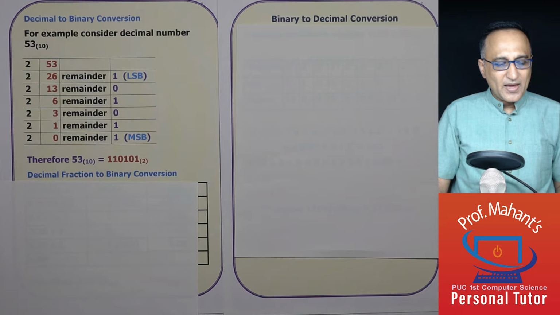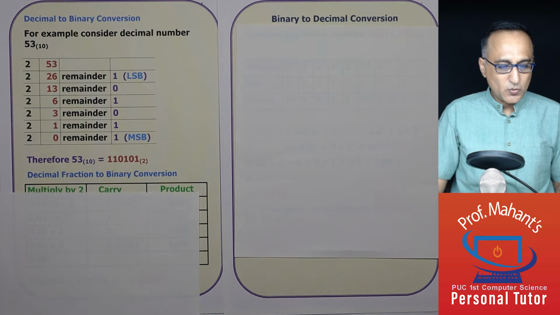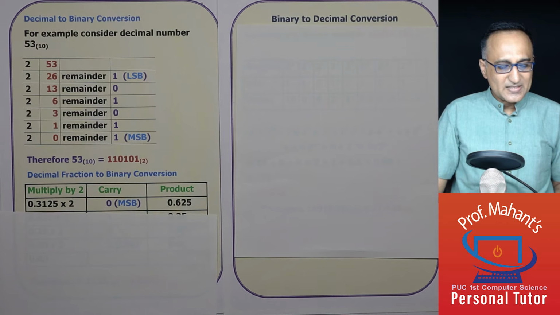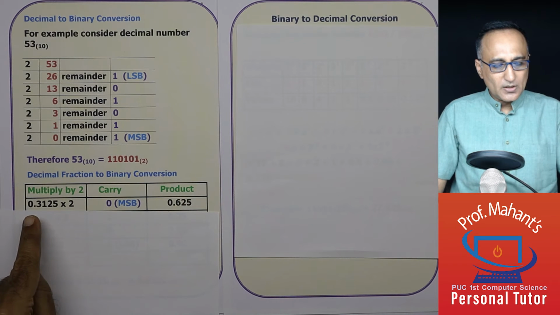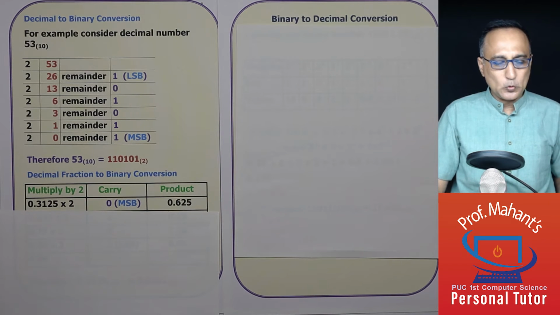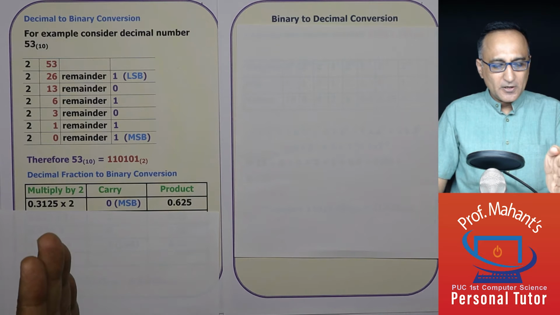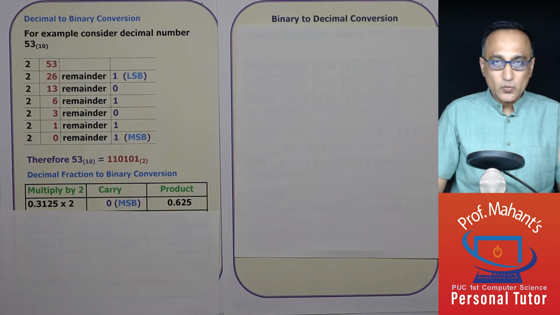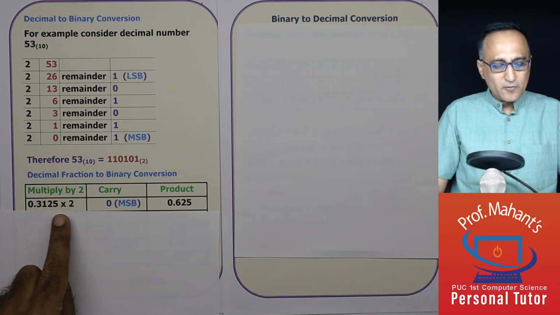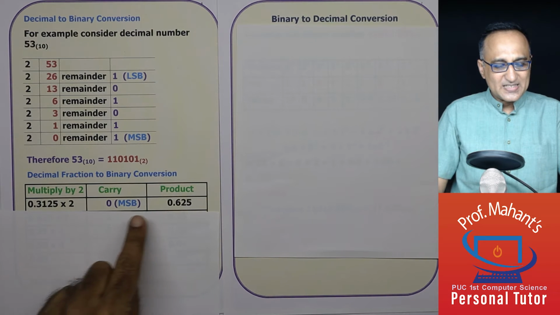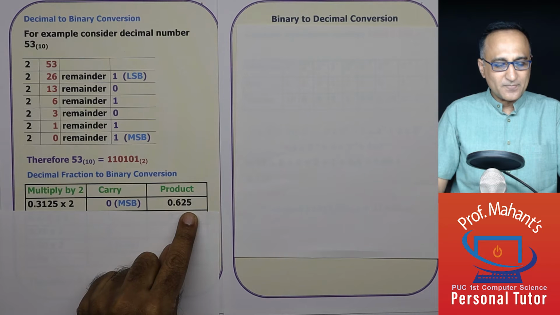But what if we have a decimal fraction? How do we convert it into a binary number? That's quite easy. Okay. So let's say I have a number 0.3125. In order to convert a decimal fraction to a binary, 0.3125 into 2 is 0.625.